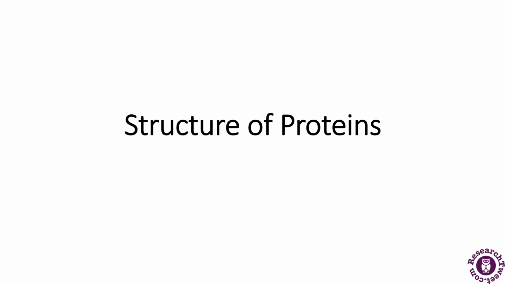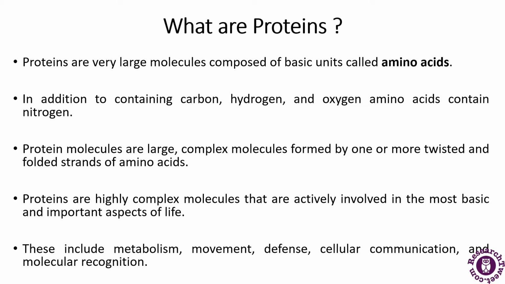Before starting with the structure of proteins, we will first discuss what proteins are. Proteins are large molecules that are composed of basic units known as amino acids. In addition to containing carbon, hydrogen and oxygen, amino acids also contain nitrogen. Protein structures are very large and complex molecules formed by one or more twisted and folded strands of amino acids.